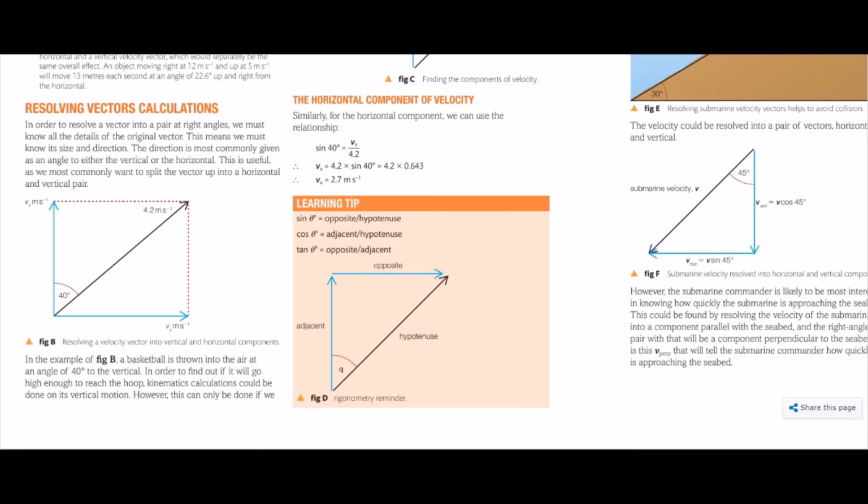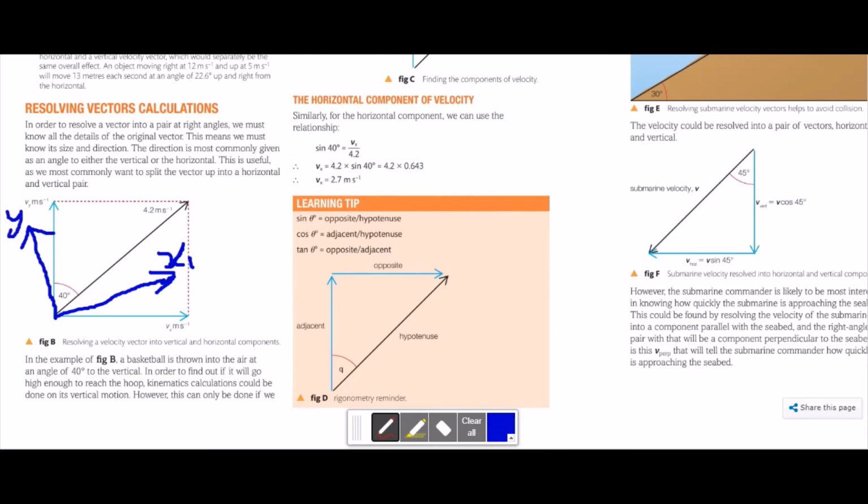You can still specify or decompose a vector in the following coordinate system. So we can call this axis the positive x1, and then we will draw an axis which is perpendicular to it, and we will call it positive y1.